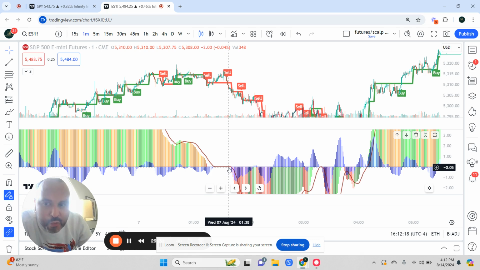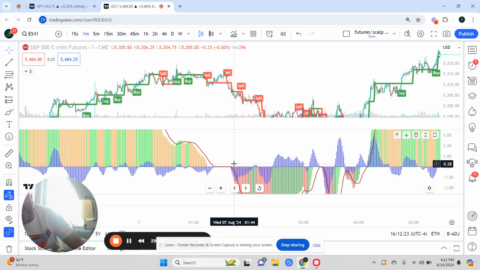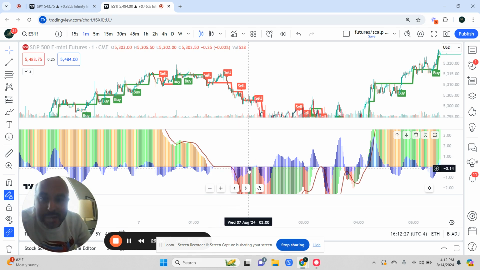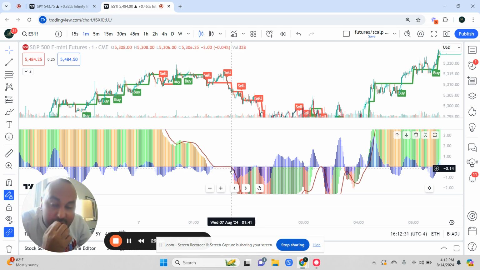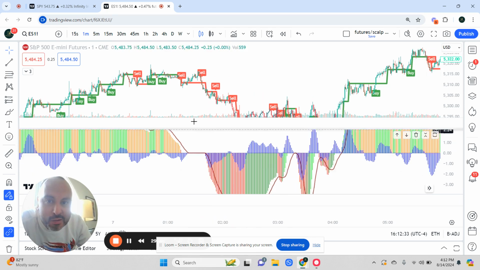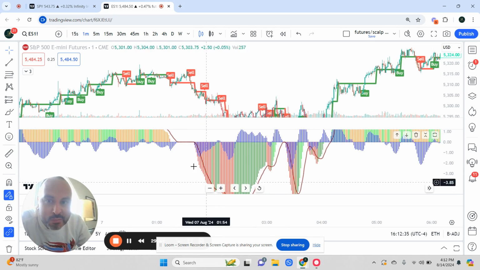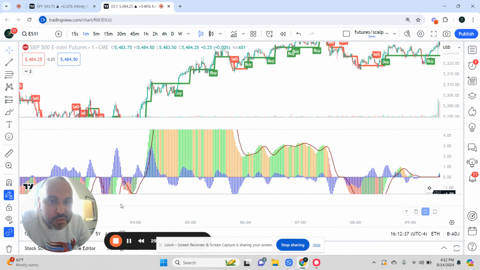Whichever way it breaks, it does seem to break more often than not to the upside. When it breaks to the upside, you're going to go bullish. When it breaks to the downside, that's when you're going to short it. See how it broke to the downside? Boom, you short it.